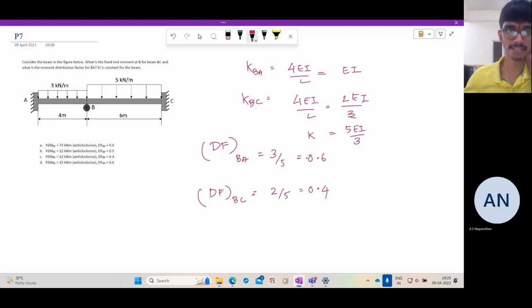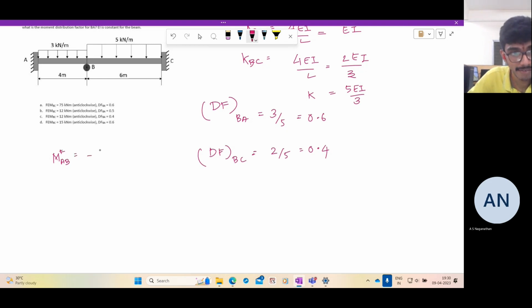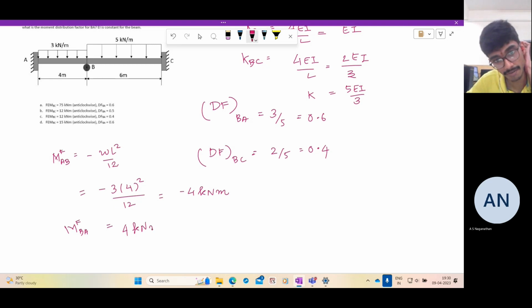What else is asked? They're asking the fixed end moments at the joint B. So let us determine the fixed end moments. We have already derived the formula. So MABF is minus WL square by 12. In this case, it is minus 3 into 4 square by 12, which is minus 4 kilonewton meters. MBAF is just the negative of this, so 4 kilonewton meters.